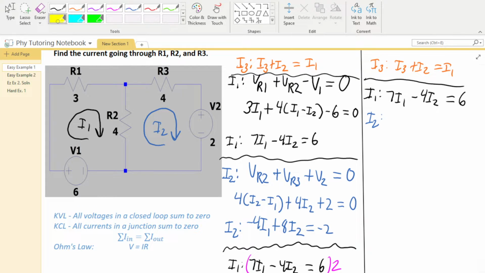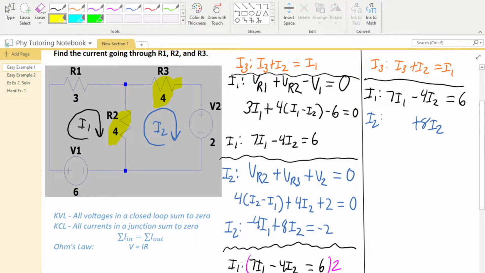Okay, step 1, again, we just add up all the resistors in I2. So 4 plus 4 is 8, and that's going to be the leading coefficient on I2. Notice how I'm writing these in a linear fashion, where I have I2 over I2 and I1 over I1, because I know I'm going to be doing some linear algebra at the end of the day, so I want to have all my variables set up.